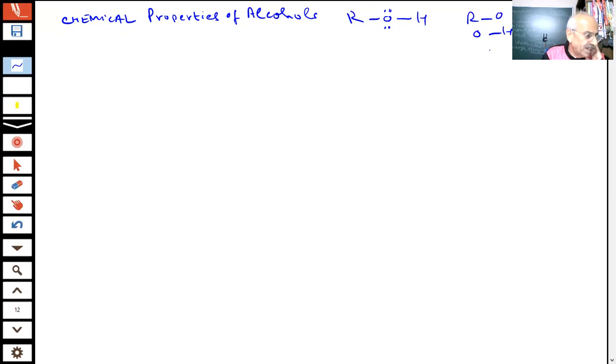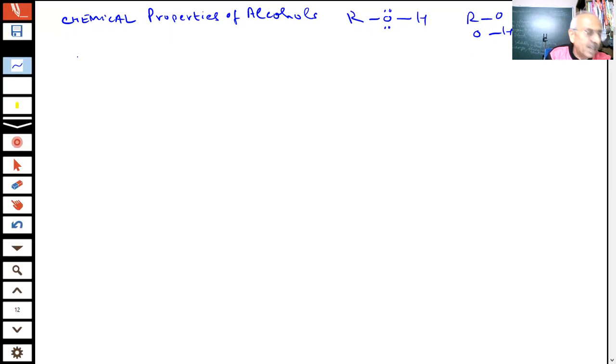So there are two possibilities in the reactions: either the C-O bond breaks or the O-H bond breaks. Let us see how.